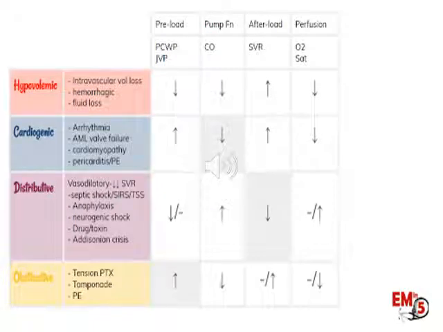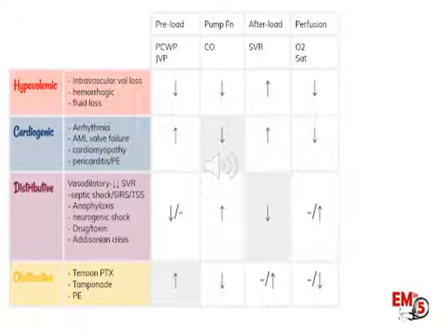We will compare some important hemodynamic parameters in different types of shock. Number one is the preload, which is the amount of the blood present in the venous side of the heart, and this can be assessed by the pulmonary capillary wedge pressure measured by Swan-Ganz catheters or the central venous pressure.